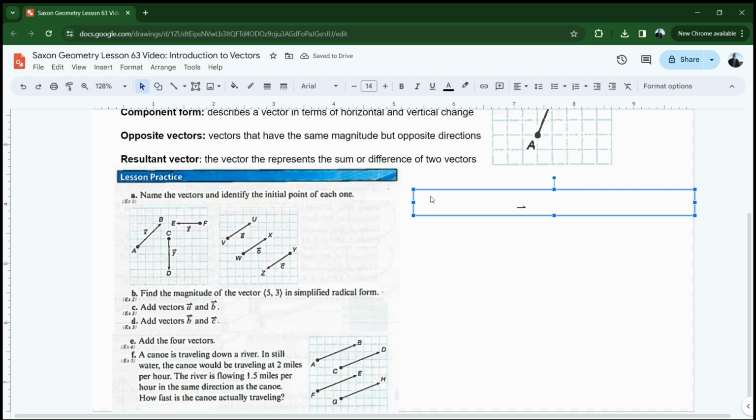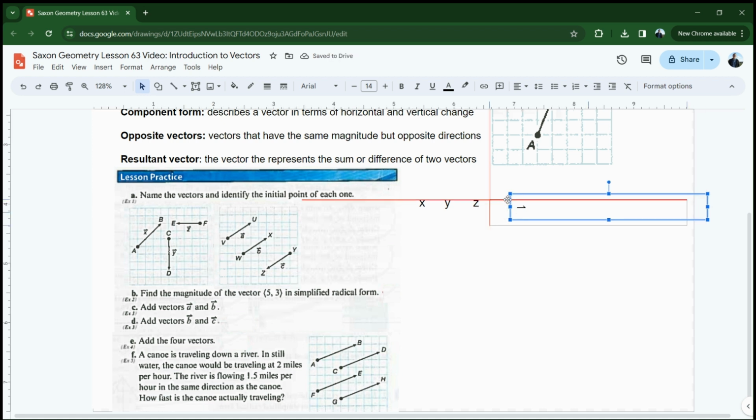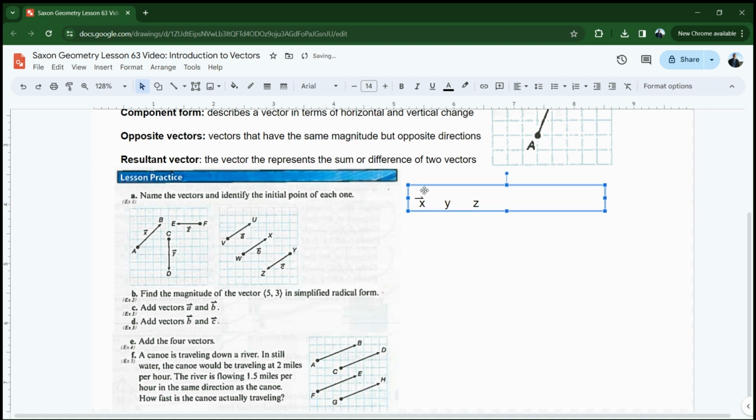Okay, so I need to name the vectors. My vectors are going to be vector x, that's a lowercase x, a lowercase y, and a lowercase z. This is a z with the little vector symbol above it. And for each one of these, I need to make sure I put this little, I think I called it a harpoon, above each one of these letters to make it correct vector notation.